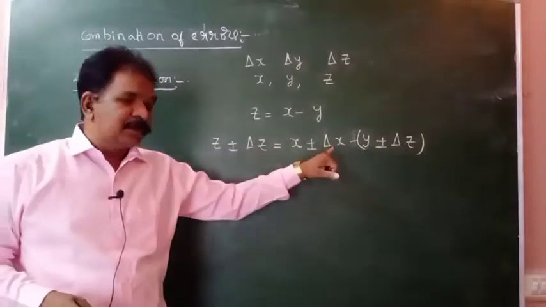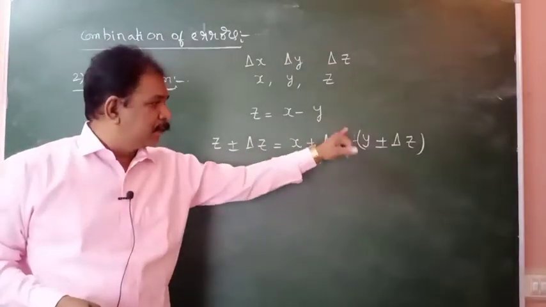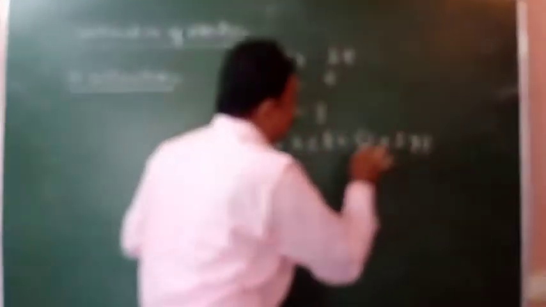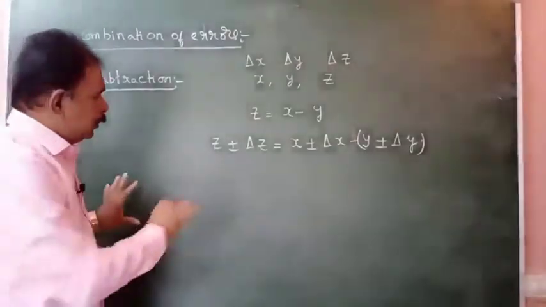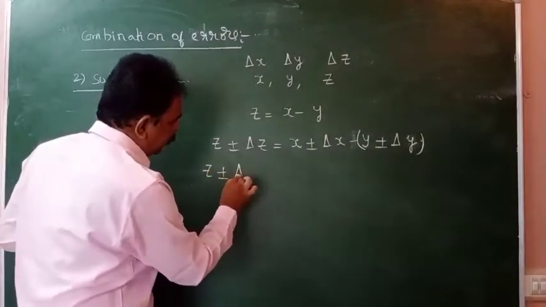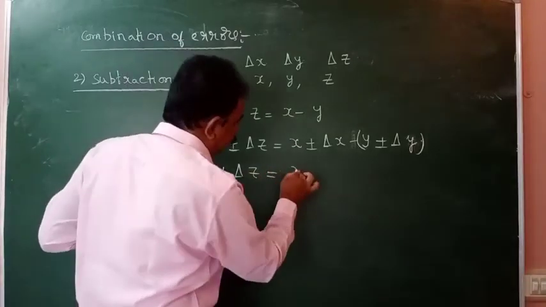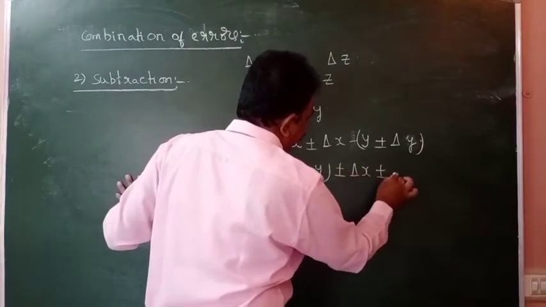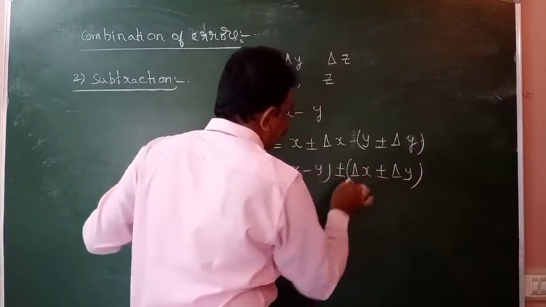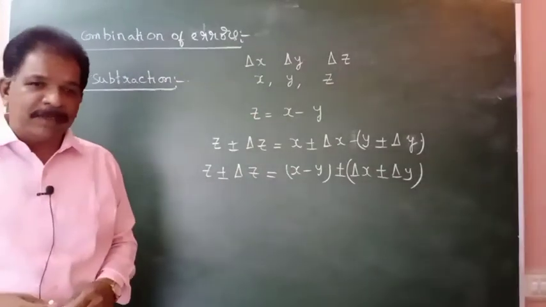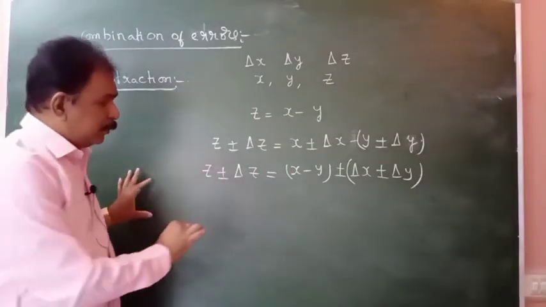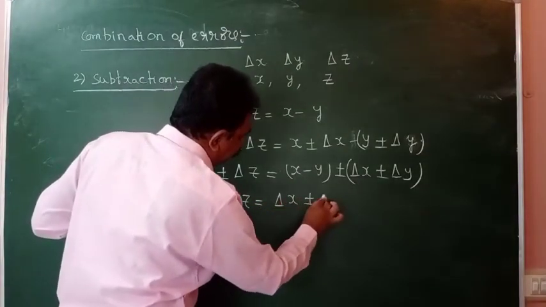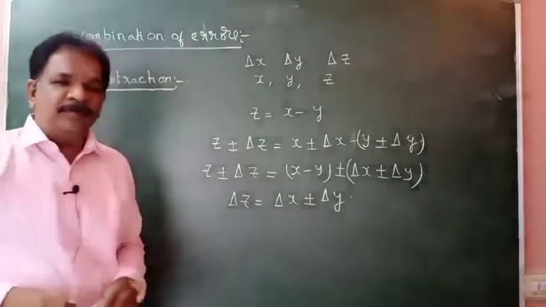Then Z plus or minus delta Z is equal to x minus y plus or minus delta x plus or minus delta y. Write this in one bracket.